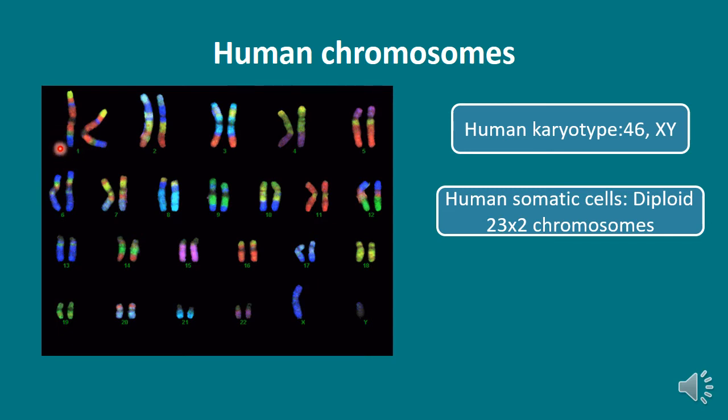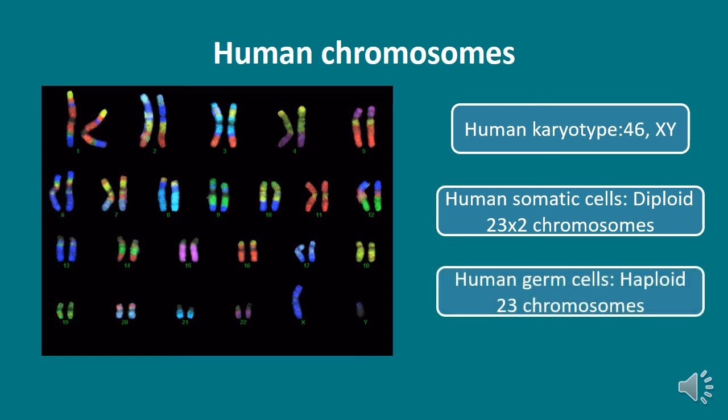One copy is from our mother and the other copy is from our father. But if we take a germ cell, they will have a haploid number of chromosomes. That is because during gametogenesis, the meiotic divisions will reduce the number of chromosomes by half.